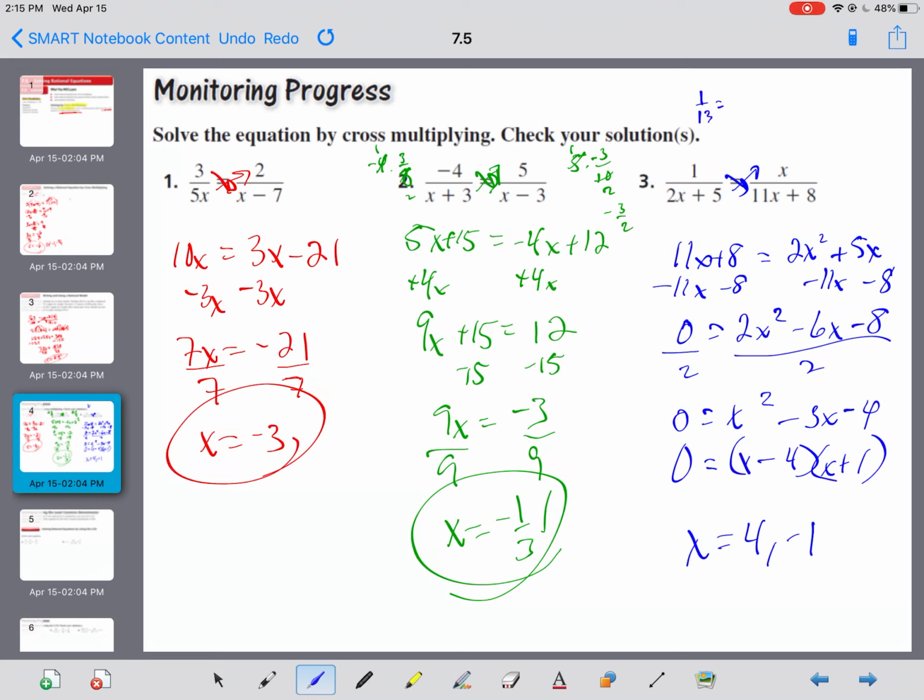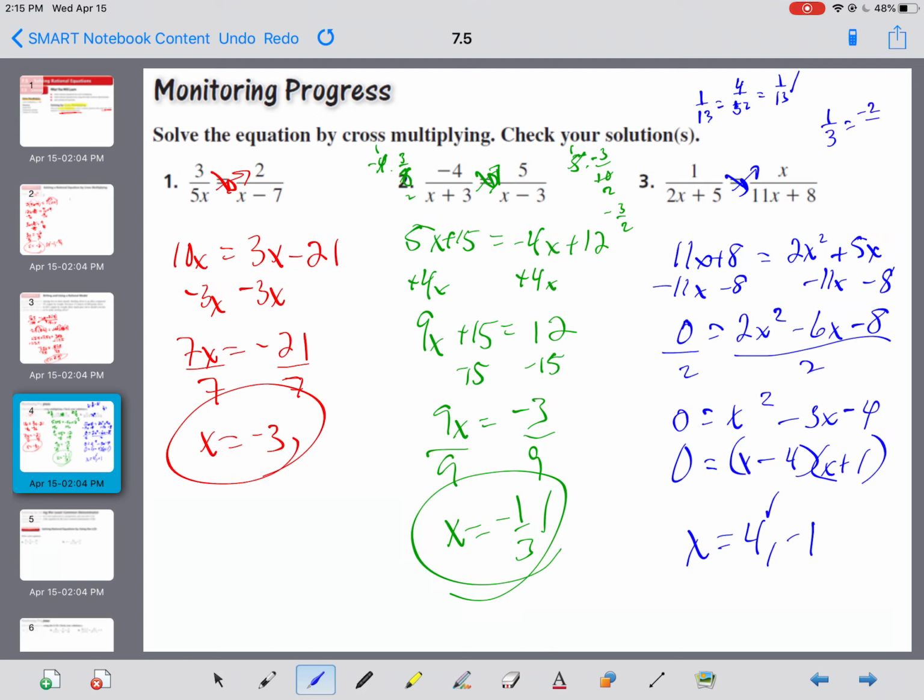Now we should plug them back in and make sure they both work. 1 over 4 times 2 is 8, plus 5 is 13, so 1/13. And 4 over 44 plus 8. So if you take 6 off of that, it makes 52. And that goes in 1/13.